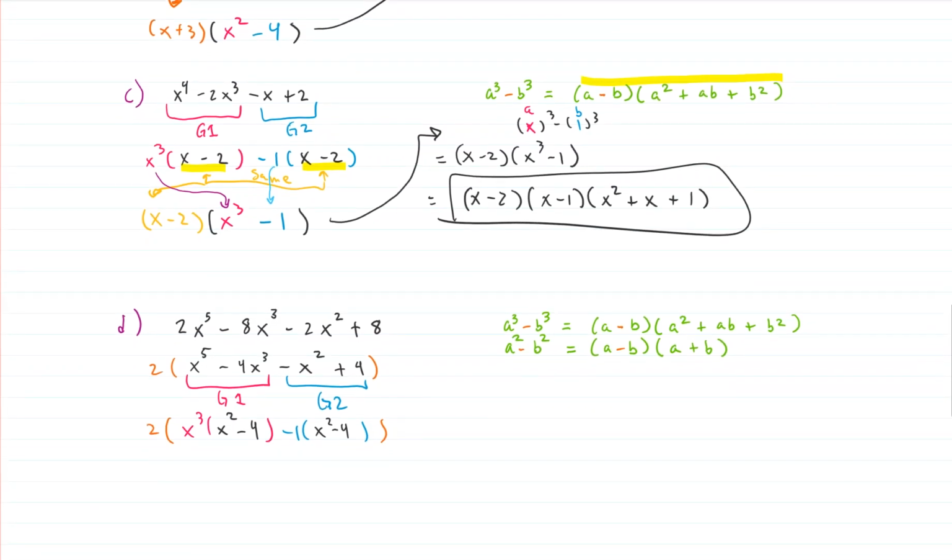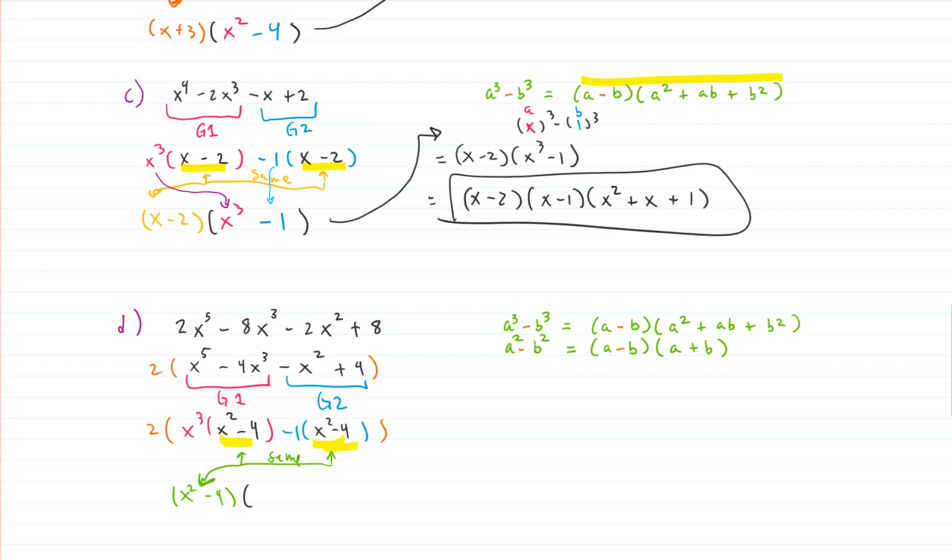That's great for us, right? Because we see the commonality. It's the same, so we can pull it out. We can pull that same thing out in front, and we have x squared minus 4. And what's left over?